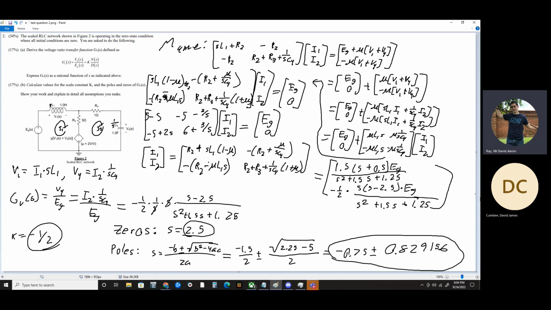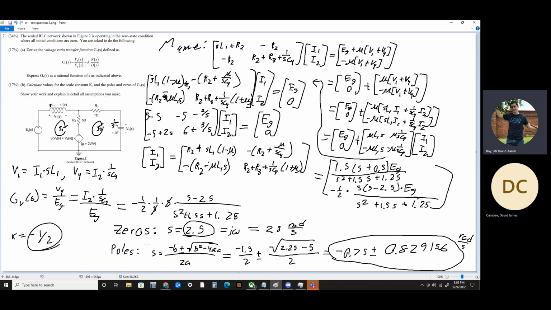For some reason in his solutions, even though s equals j omega, he does say the 2.5 is radians per second, and this is also radians per second. So if you come down to s equals something and you're not sure if you're supposed to write something for that problem, I don't think it'll hurt you if you write radians per second.